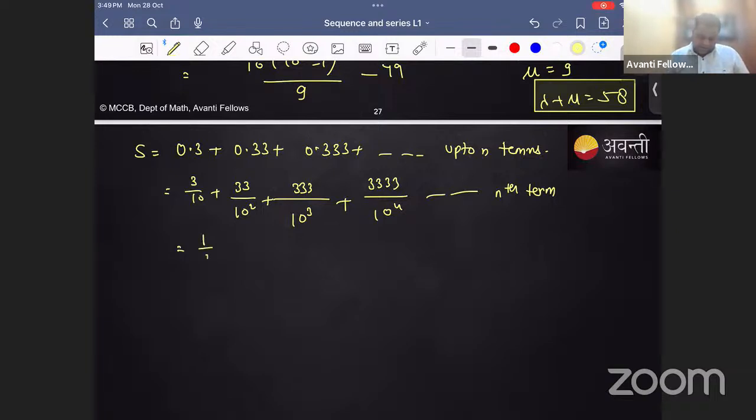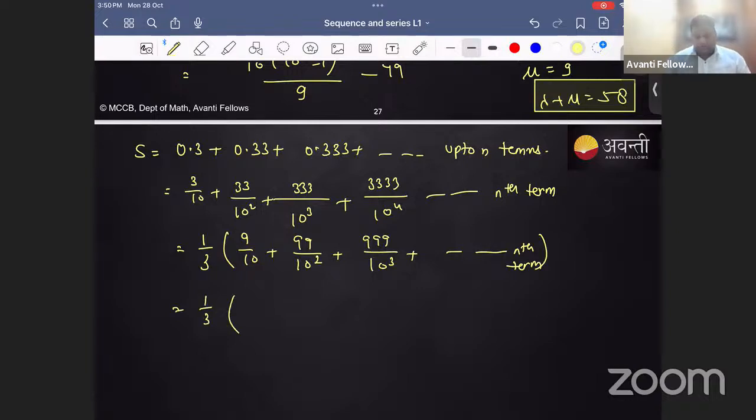Now multiply this by 3 and divide also by 3. So it will be 9 by 10, 99 upon 10 square, 999 upon 10 cube, and so on up to nth term.